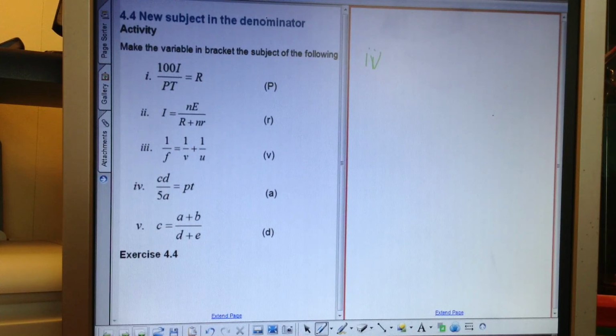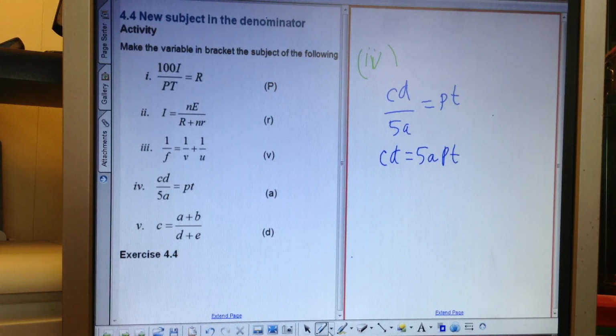IV, I have CD over 5A equals PT. I multiply by 5A to get CD equals 5A PT.